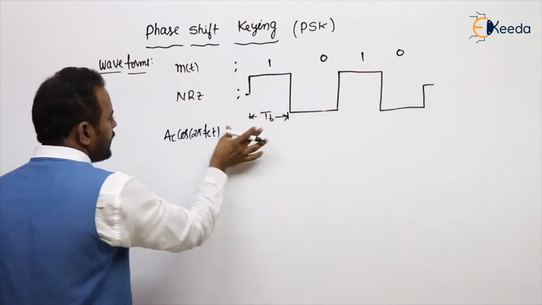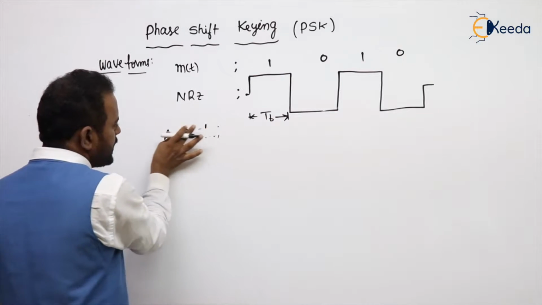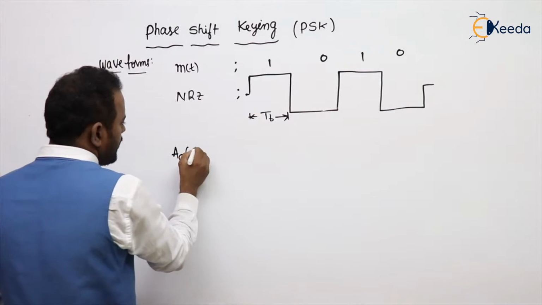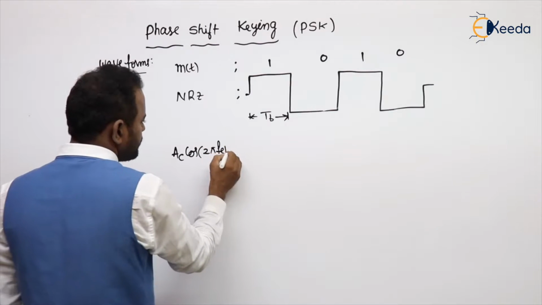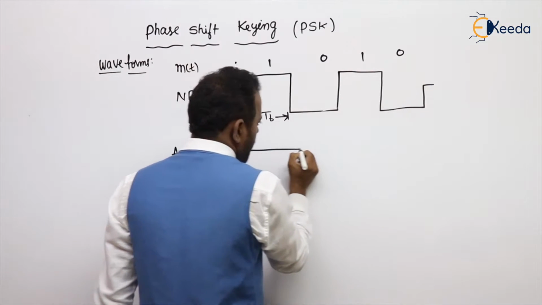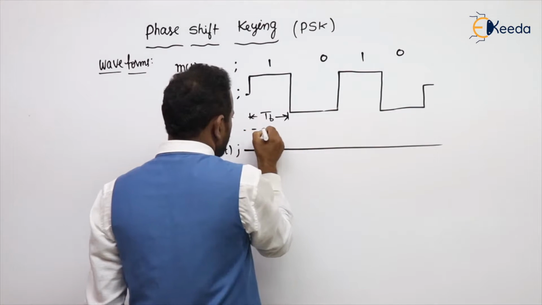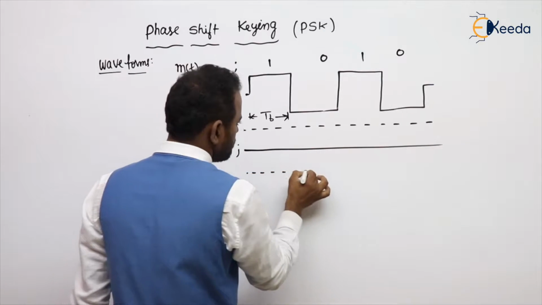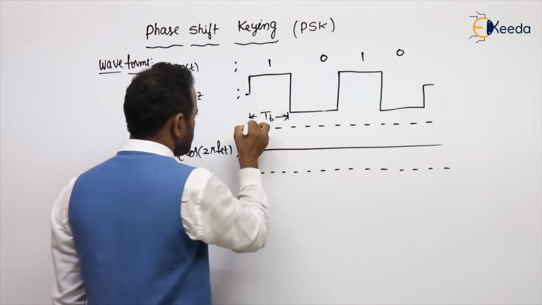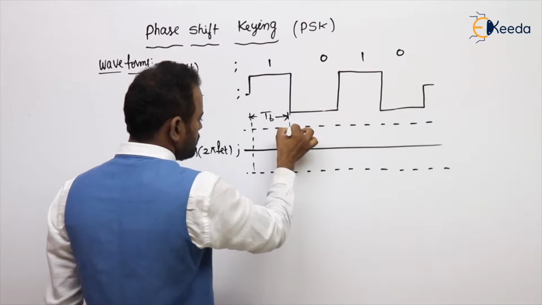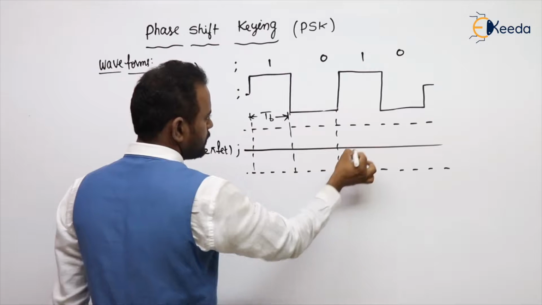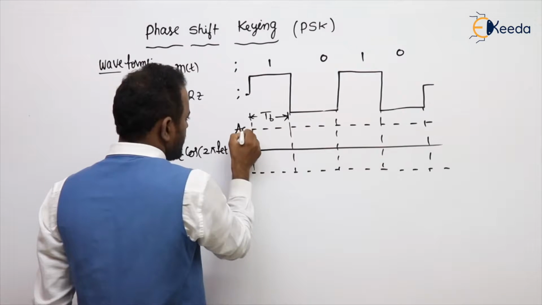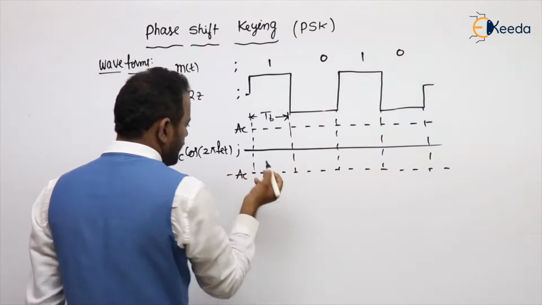Let's take the carrier. Carrier means always the continuous time carrier, Ac cos 2 pi fc t. I'm writing a little bit down. The carrier is Ac cos 2 pi fc t. And here also I am taking, students, an equal number of cycles in each duration of Tb.